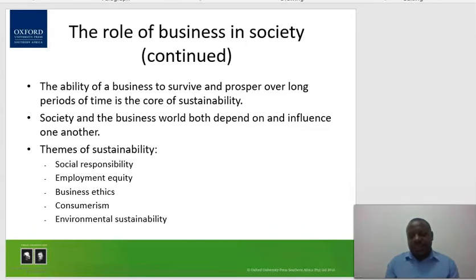The issue of employment equity, we'll focus more on it when we look at human resources management. I think that is chapter 12 in BEC111, where we'll be saying that whenever organizations are hiring people, their workforce should reflect the composition of people in the society.